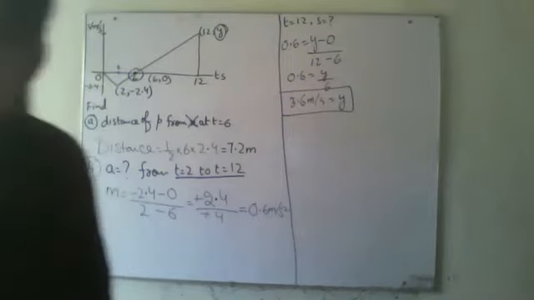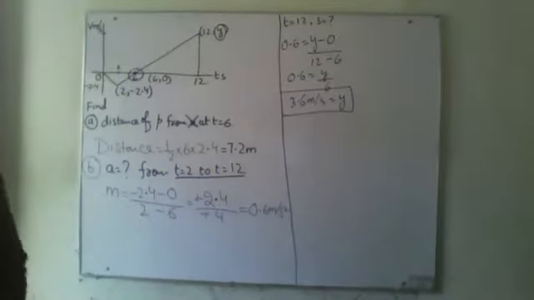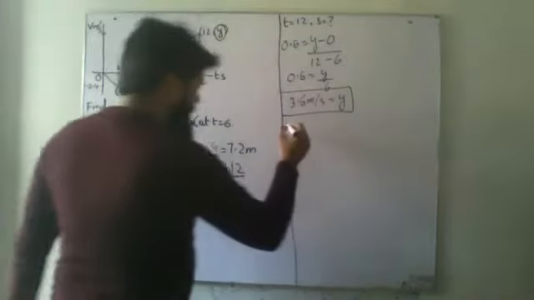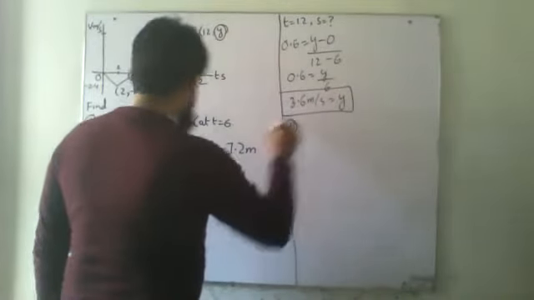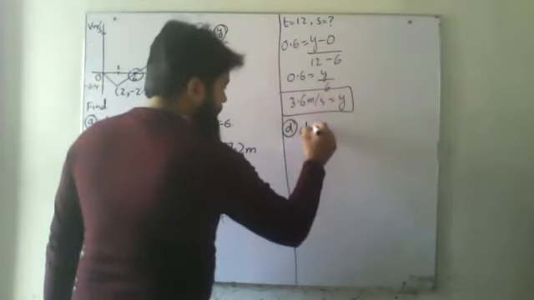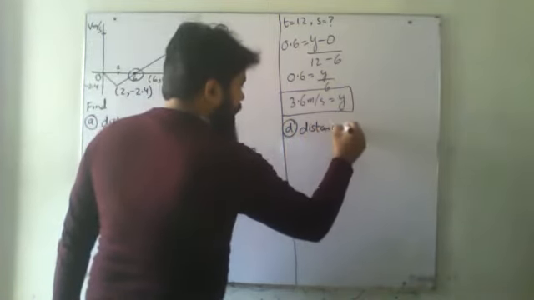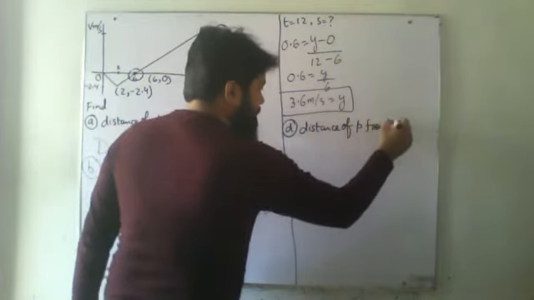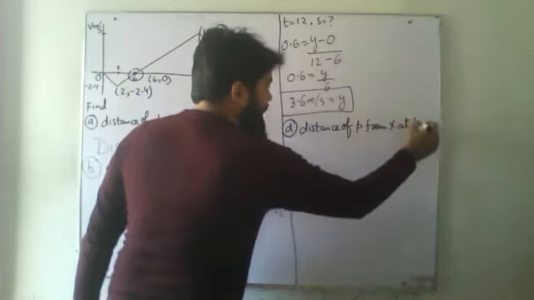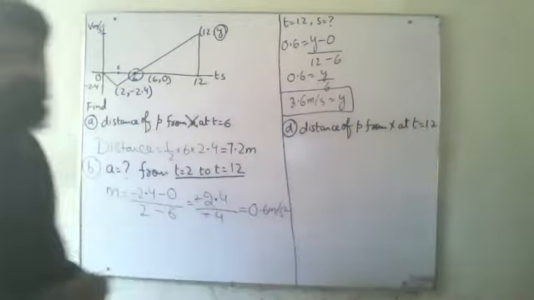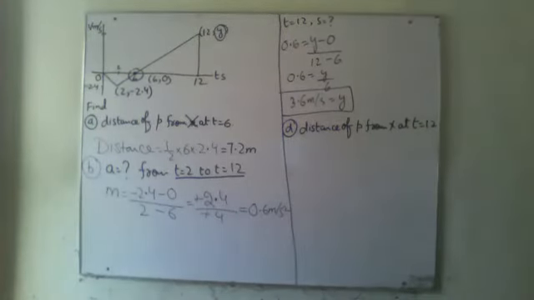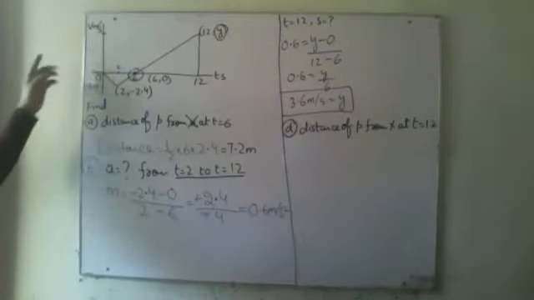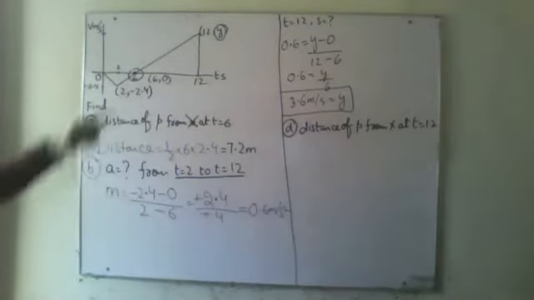Okay, so the next part they are asking for, the P part, is the distance of P from X at t equals 12. Now, see, my body has started from the starting point, that was X. The body has traveled in a direction.